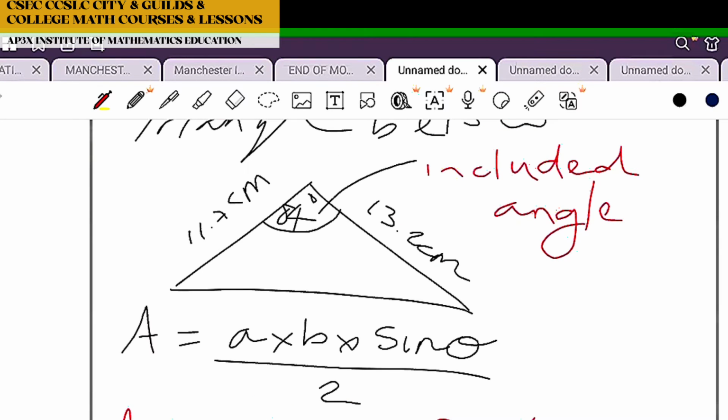Now again, you have to be very familiar with how your device is used, because there are some calculators that require you to put the function, then the number, while some calculators require you to put the number, then the function. If you don't know how to use your tool, then you're going to have problems, ladies and gentlemen. So you need to get familiar, test it.